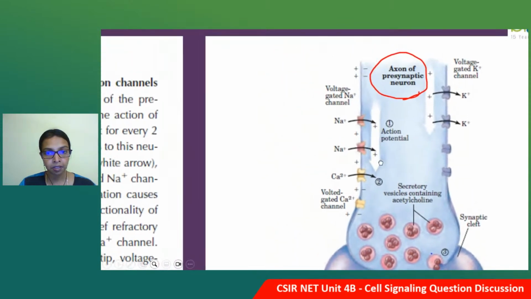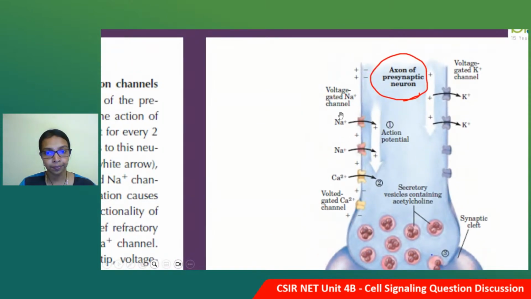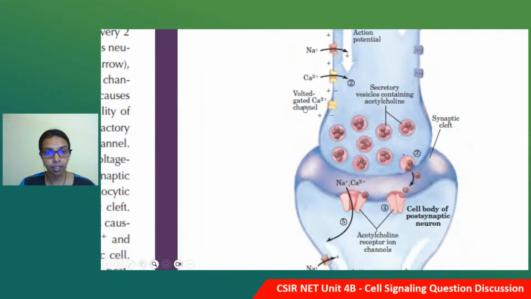So what happens upon stimulation? Voltage gated sodium channels will be opened. More sodium channels open, which induces voltage gated calcium channels to open. Now, what is the purpose of voltage gated calcium channels? We have our ligand, acetylcholine, present within the secretory vesicles.